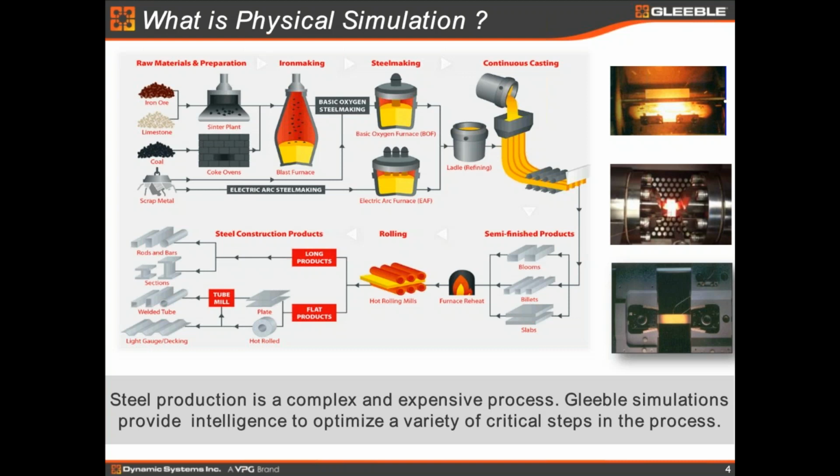Okay, so back to the steel. Now, such a complicated process. Every critical step that we see, Gleeble can be a powerful tool to study it. No matter if it's casting or rolling or even forging or strip annealing or even welding or the strength and property during service. No matter what kind of material it is, if it's a tube, strip, or a beam, anything.